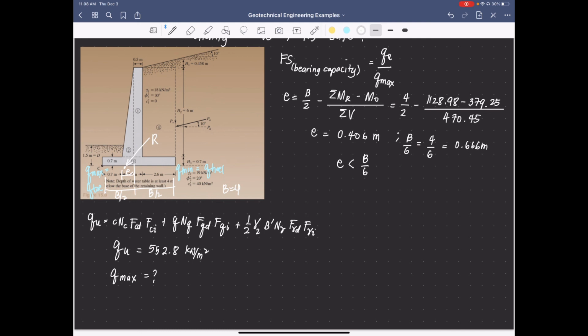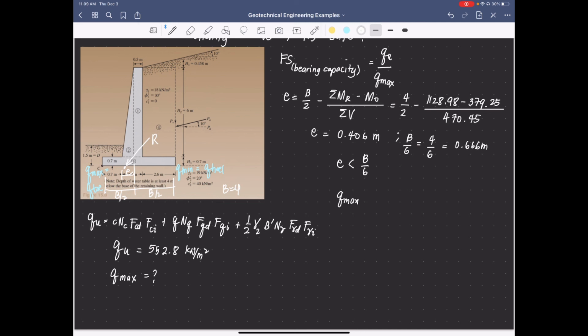And so if we get e greater than B over 6, the design should be reproportioned and we have to recalculate. But since it is less than, we can go on with the procedure and calculate for the Q max and Q min, so we can compare these values.